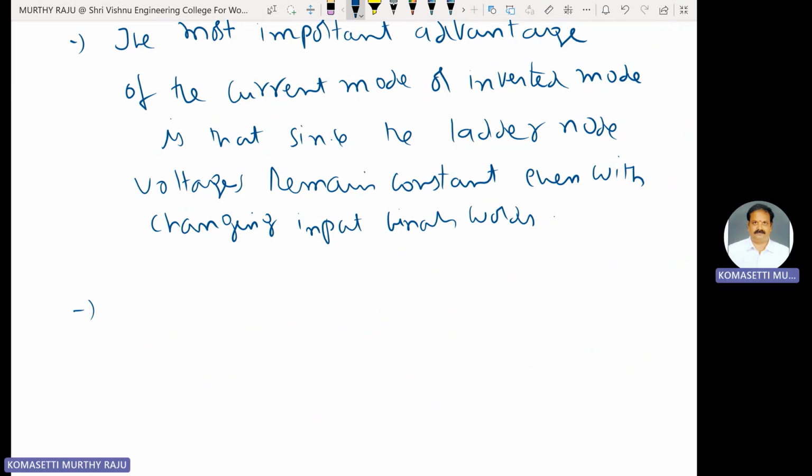In weighted resistor type DAC and R-2R ladder type DAC, the current flow through the resistors is not fixed and changes as input data changes. Therefore, more power is dissipated within these resistances, causing non-linearity. With this, the analysis is completed.